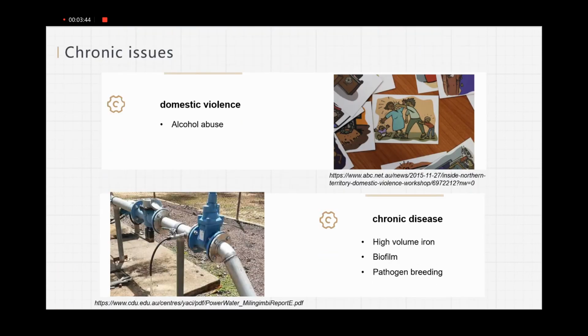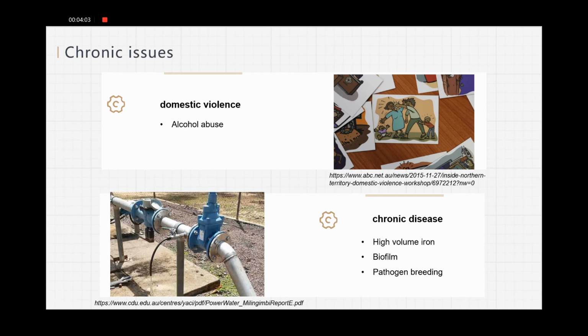Australian Aboriginal communities in the Northern Territory, including the Milingimbi community, have had a series of problems due to long-term alcohol abuse. Domestic violence has been a long-term problem.